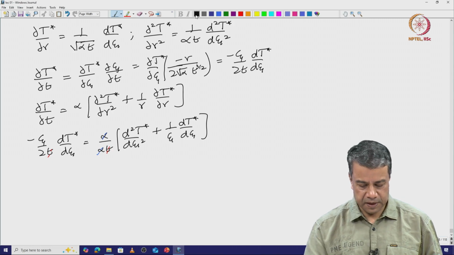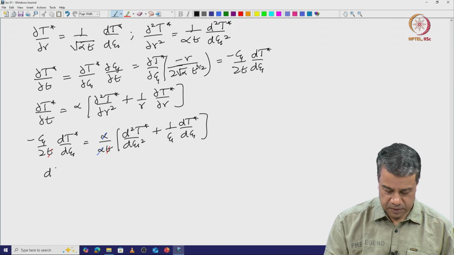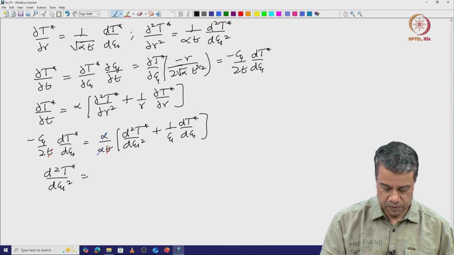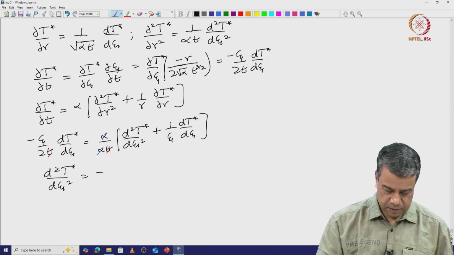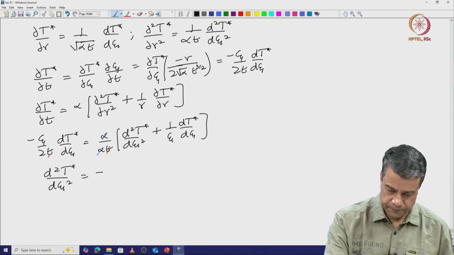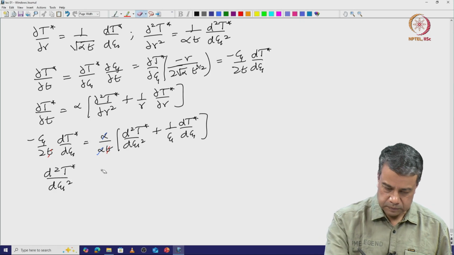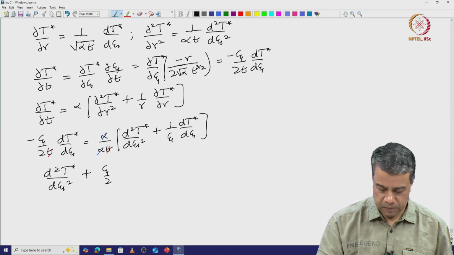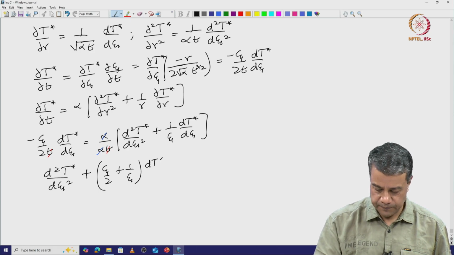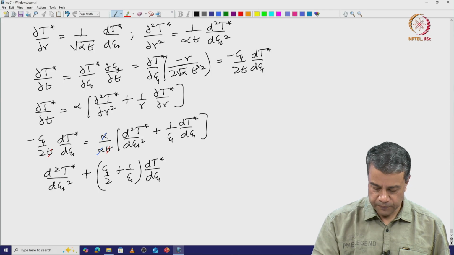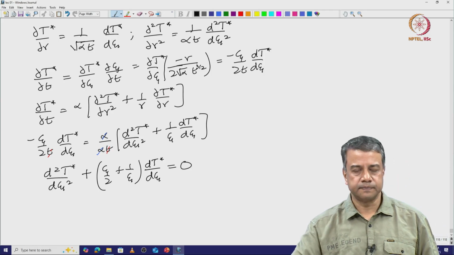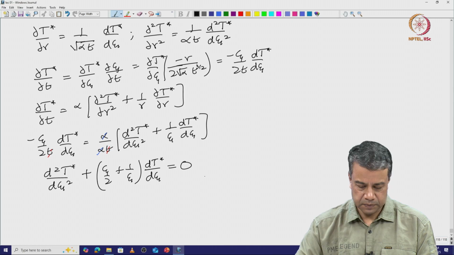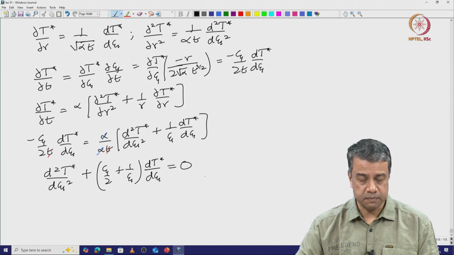And I can just rewrite this equation as d square T star by d psi square plus (psi by 2 plus 1 by psi) dT star by d psi is equal to 0. So, this is the governing equation.